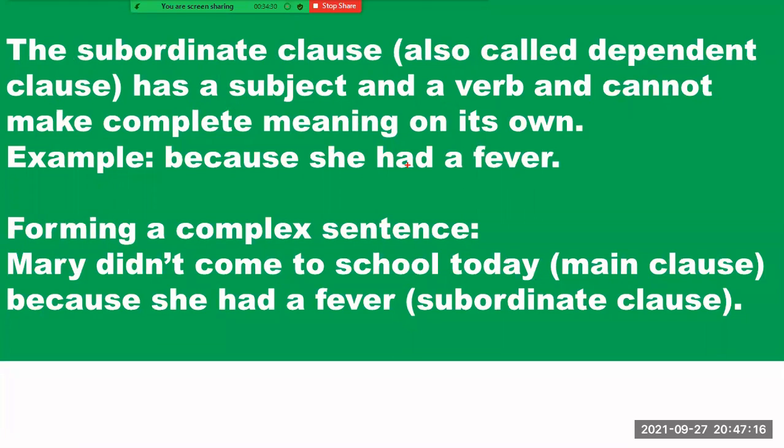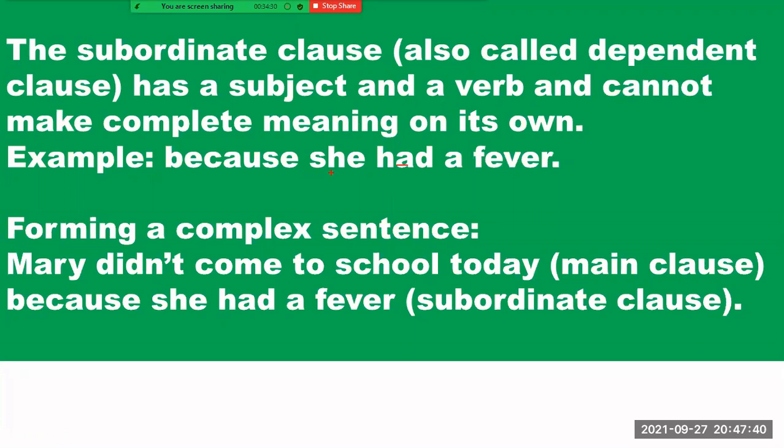A dependent clause, which is the subordinate clause, needs to be joined to a main clause to express complete meaning. Although it has a subject and a verb, yet it cannot make complete meaning on its own. For example, because she had a fever.